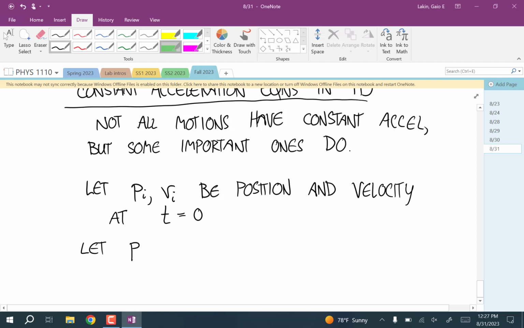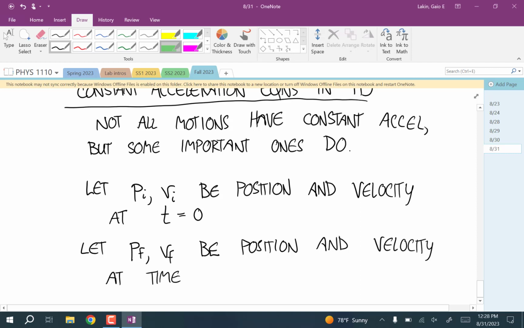And let P sub F and V sub F be the position and velocity at time t final.